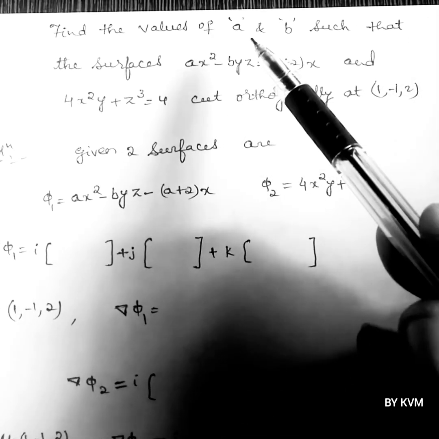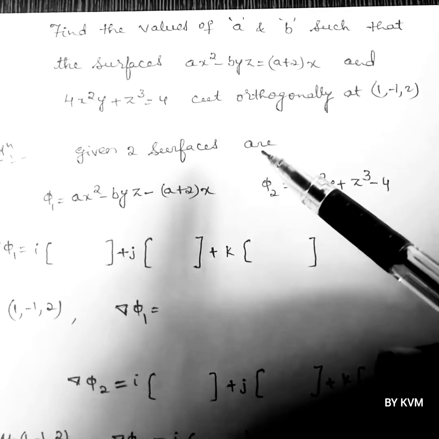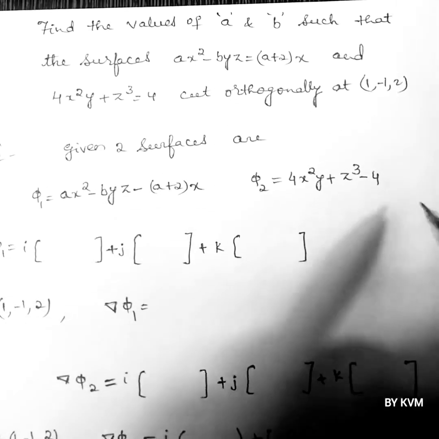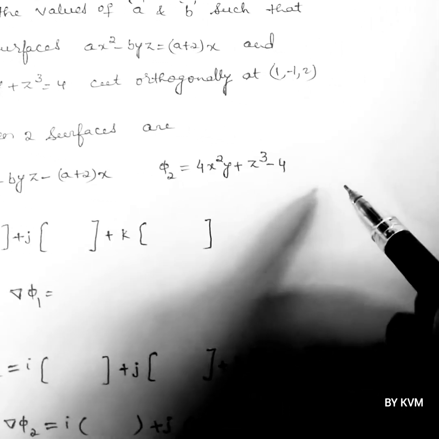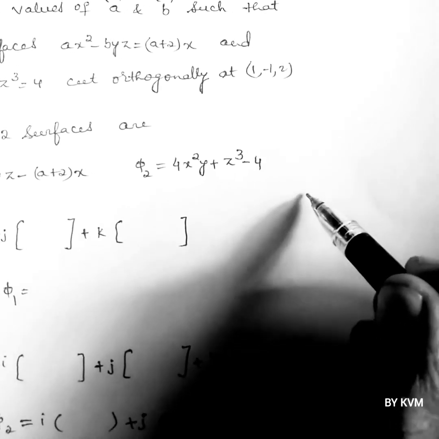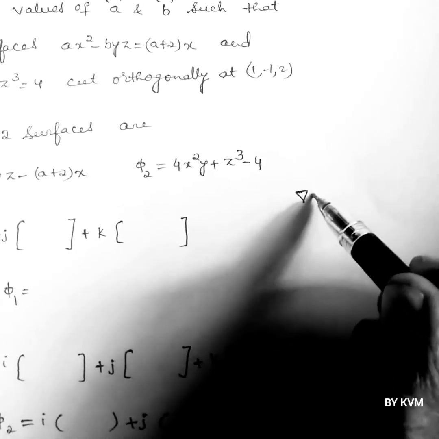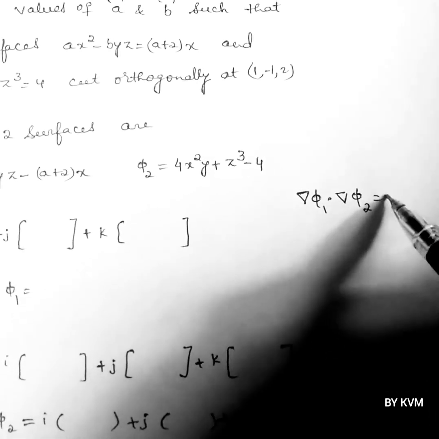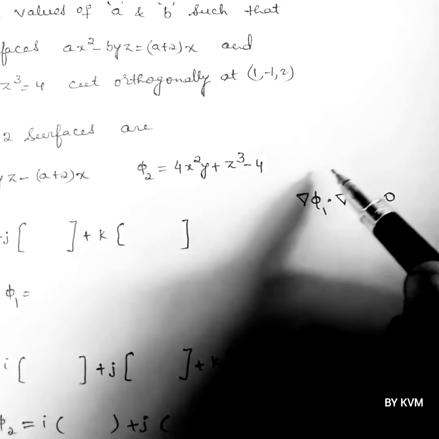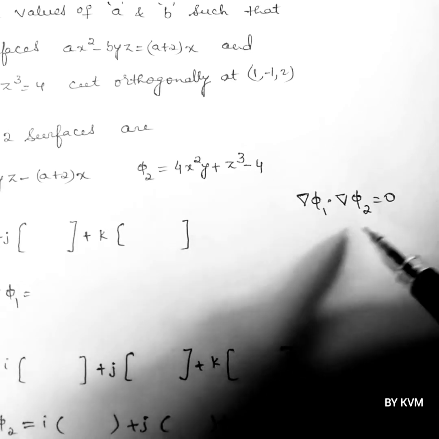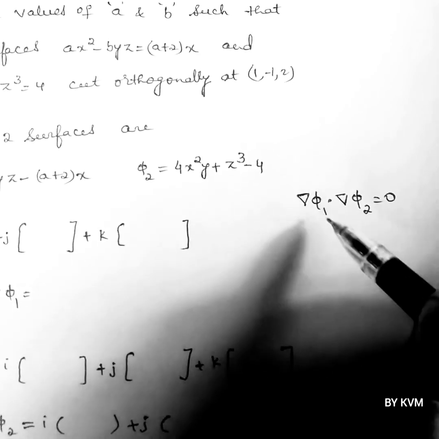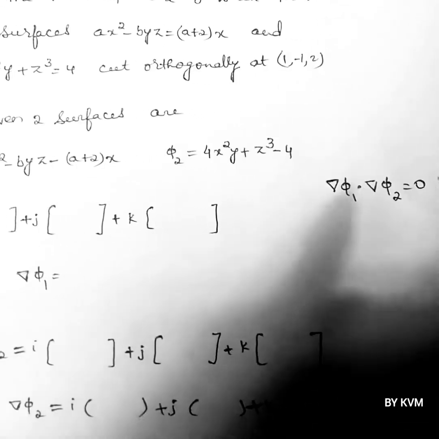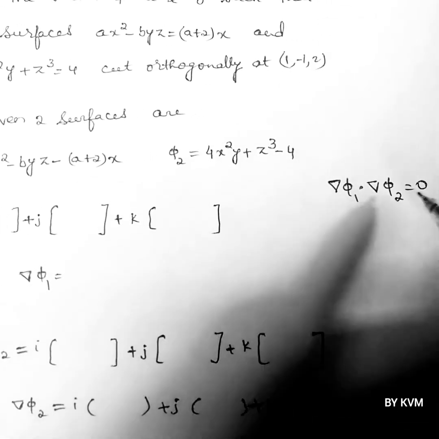So we have to find the values of a and b. So already we have discussed that if two surfaces intersect orthogonally, then the condition is del phi 1 dot del phi 2 equals 0. Now using this condition, we find the values of a and b.